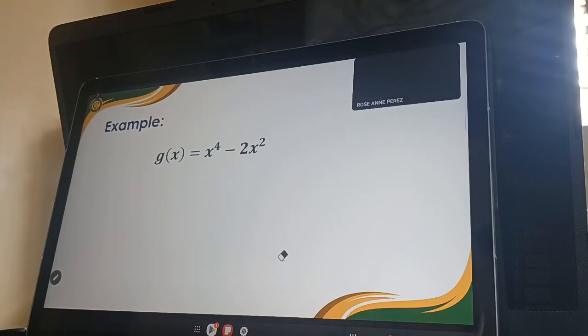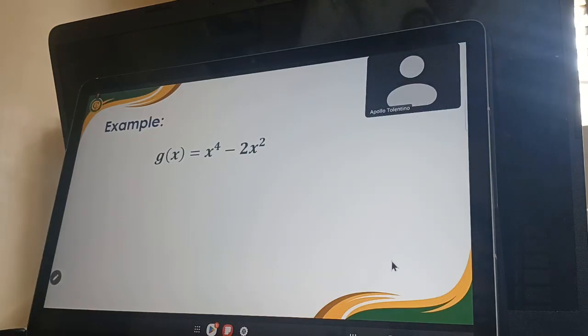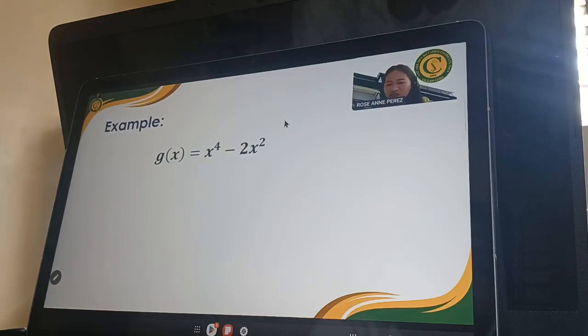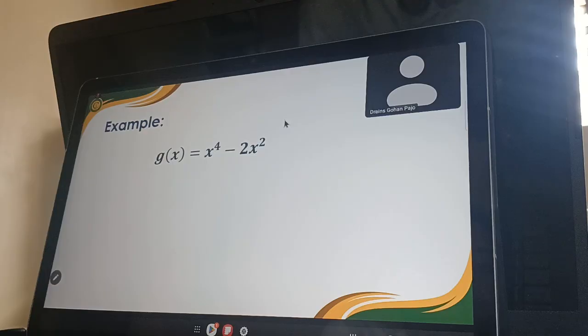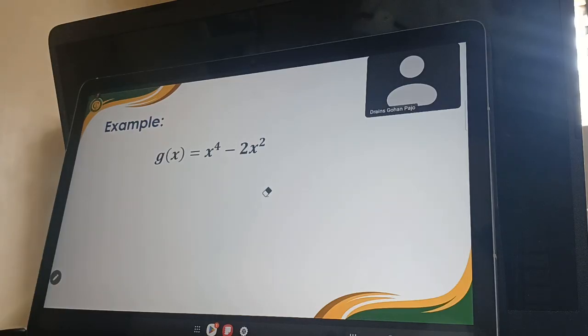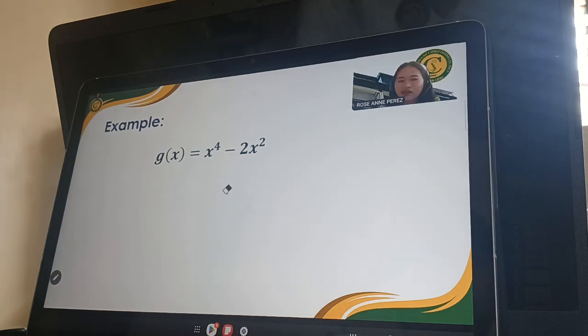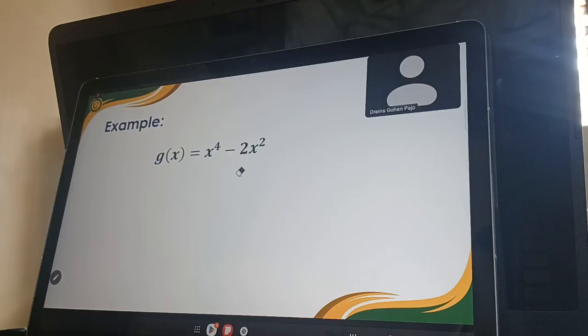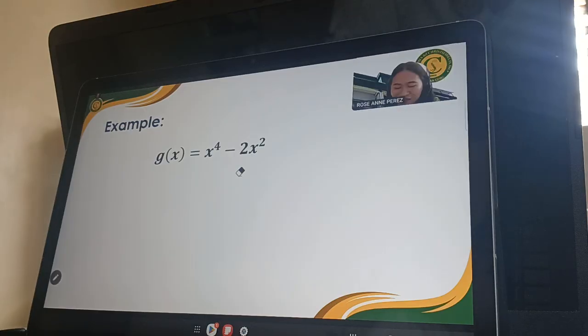Drains, can you hear me? Yes, miss. What function is this?